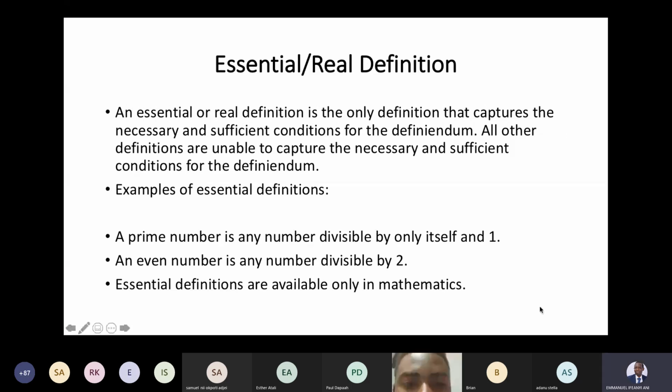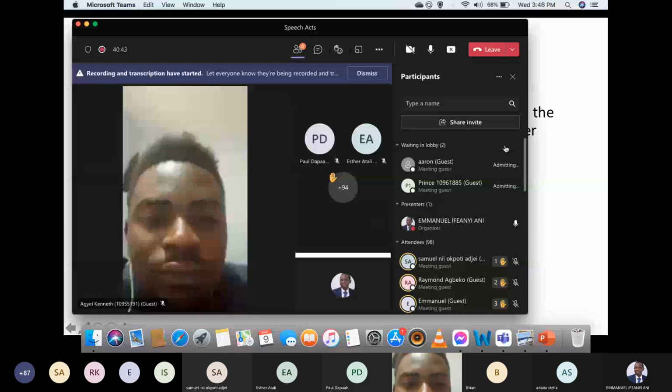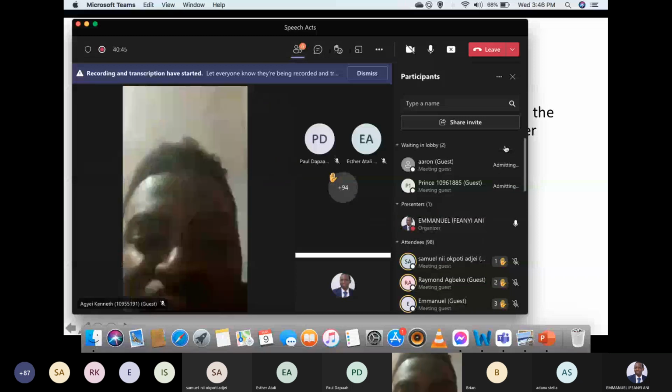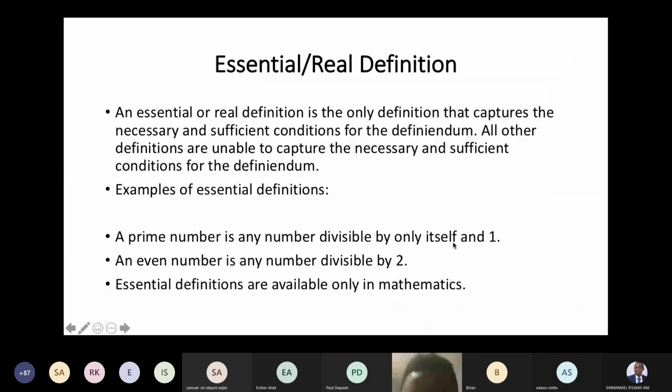Then we have essential definition. Essential definitions are also called real definition. An essential or real definition is the only definition that captures the necessary and sufficient conditions for the definiendum.